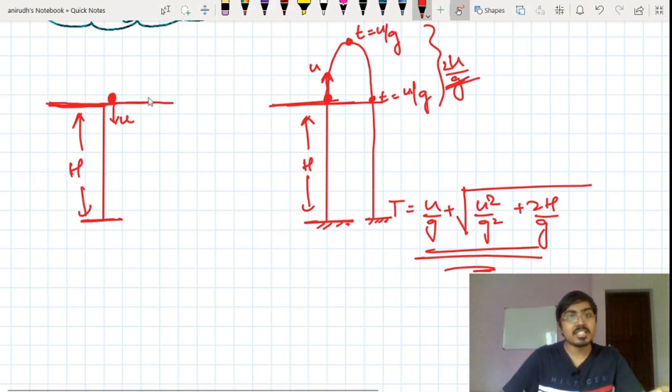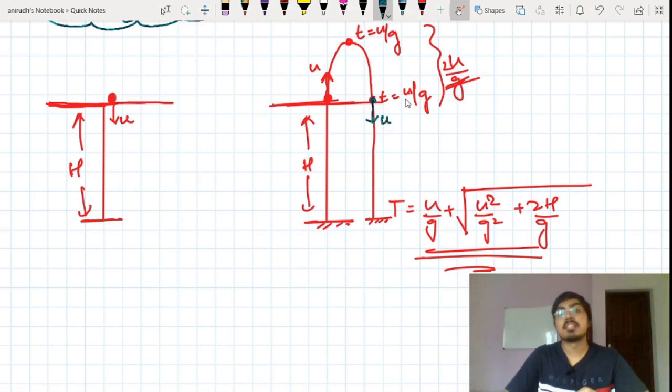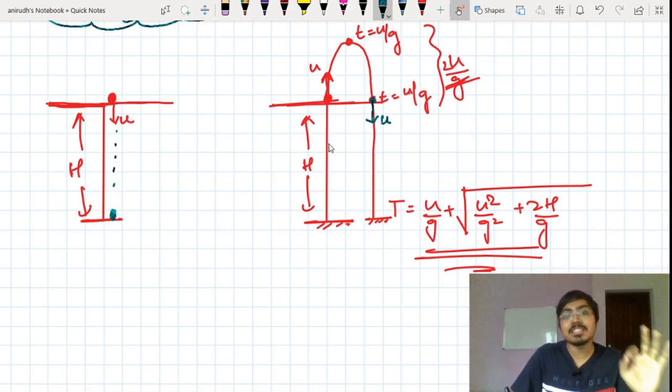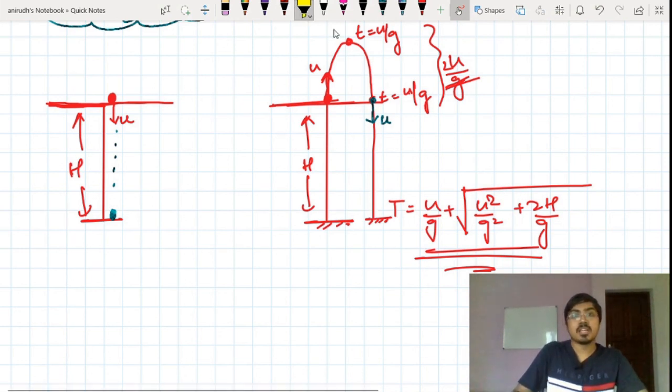But what is the difference here? See, whenever a body goes up and comes down, what is the velocity of the body here? If I am throwing a ball up with a speed u, the same speed it will be having at this position, right? So I can say that this particular motion of the body, from this position directly downwards from the tower, is just the same motion minus this part.